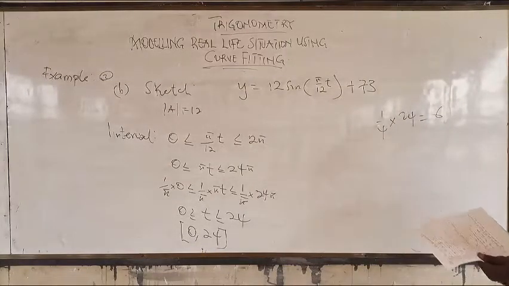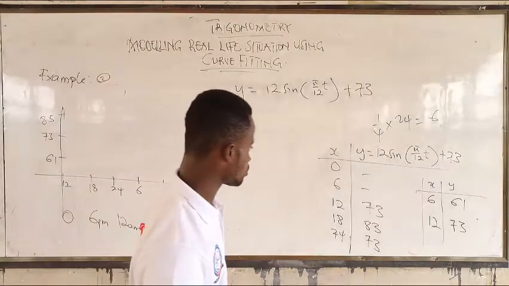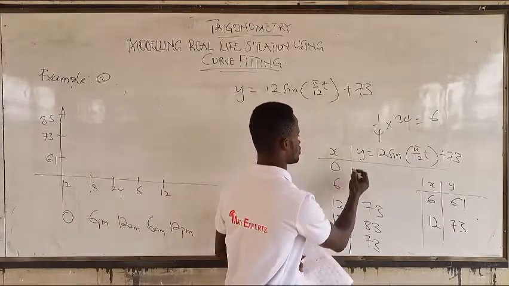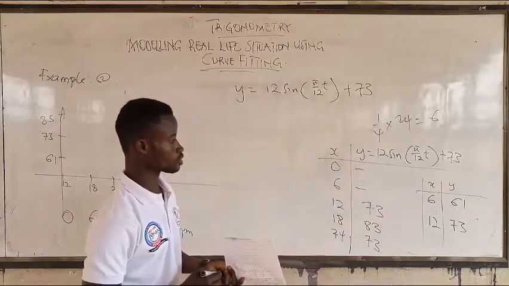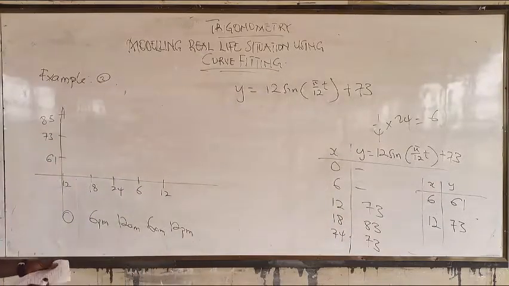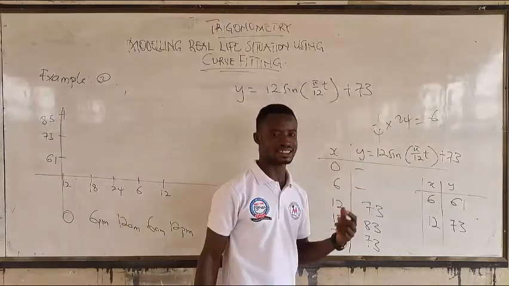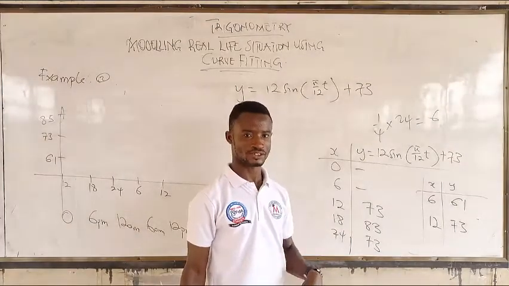So let's go for the graph. On the table, we are starting at 0 and adding till we get to 24.